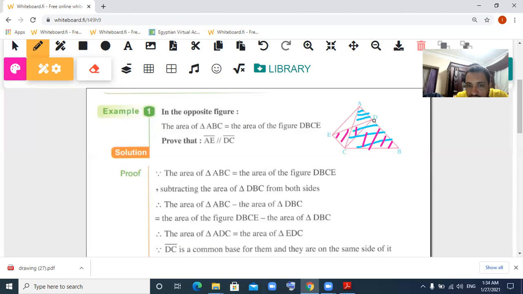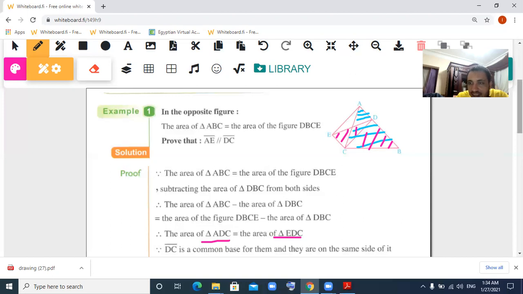The common part here is the area of triangle DBC. So I will subtract the area of triangle DBC from both sides. If we subtract this part from triangle ABC, what is left is triangle ADC. So by subtracting, I see the area of triangle ADC equals the area of triangle ECD.